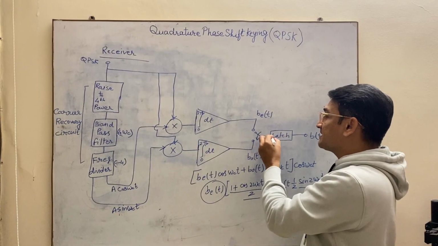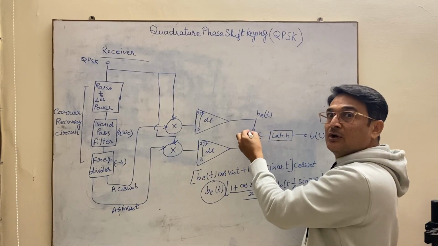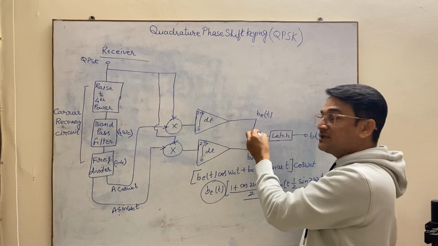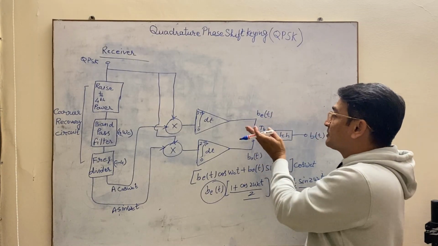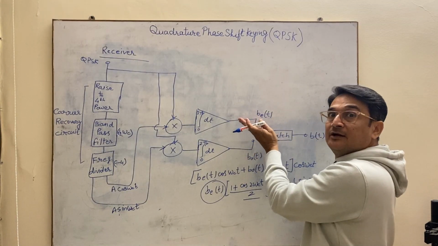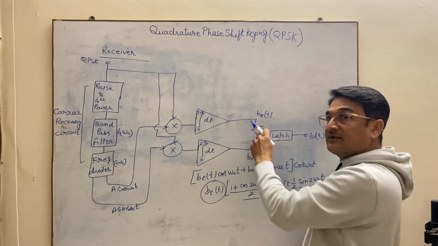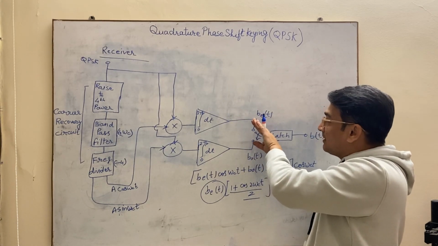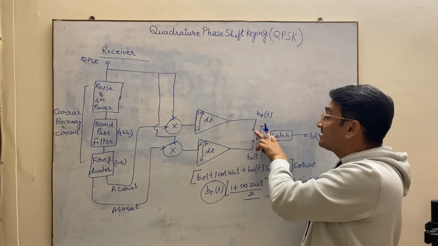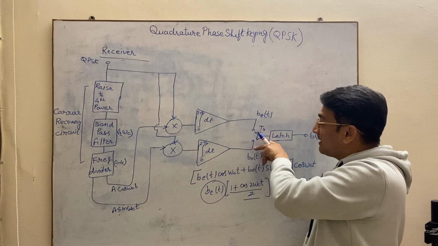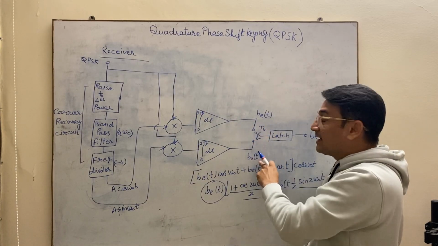Now this latch is connected to these two outputs with this sampling switch, which is working at TB second duration. So at first it is connected to this, so you will get the first bit, and then the second bit will come after TB second, when this switch connects to this output, so you will get the second bit.